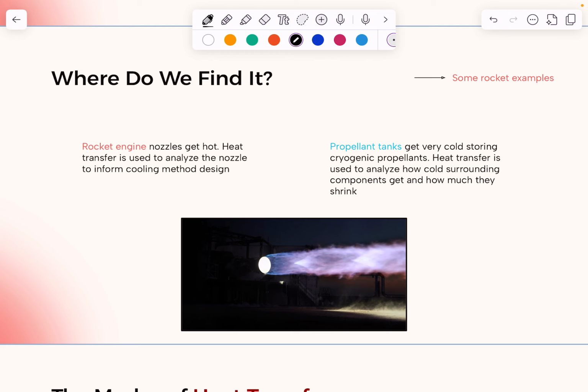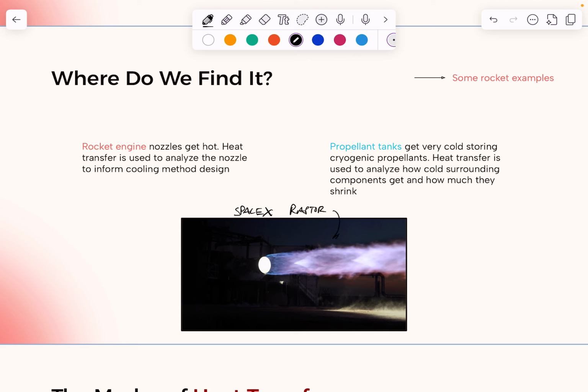Let's specifically take a look at some rocket examples. From a propulsion fluid system standpoint, we care a lot about the nozzle of the rocket. I put this SpaceX Raptor hot fire here.